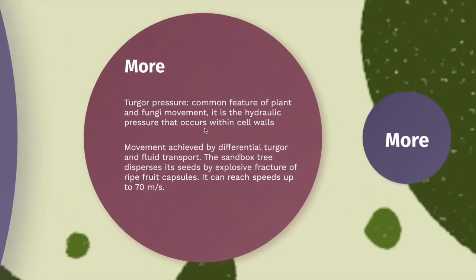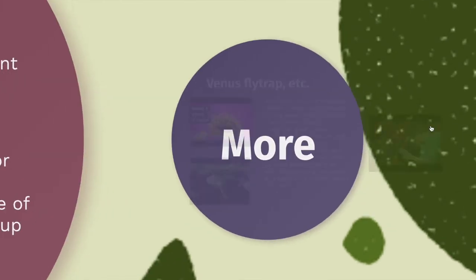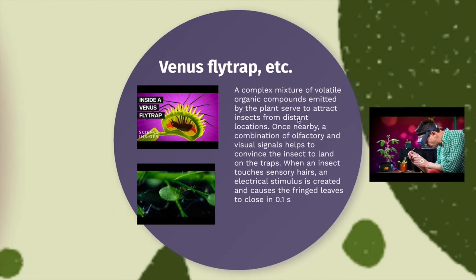Here we have the trigger pressure in plants. There is a hydraulic pressure mechanism inside plants, and they can move because of the differential in pressure, and they have fluid transport. This is the example, the sandbox tree. Let's see more here. This is complex movement by plants.